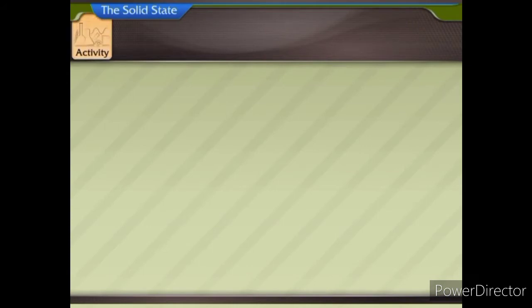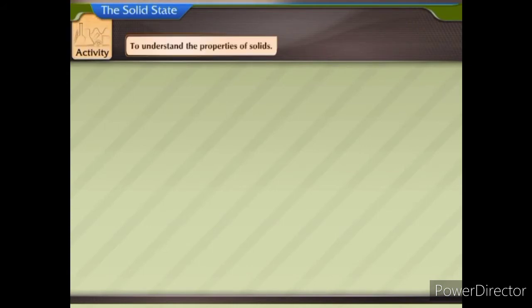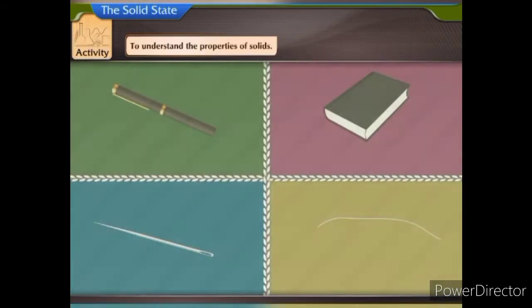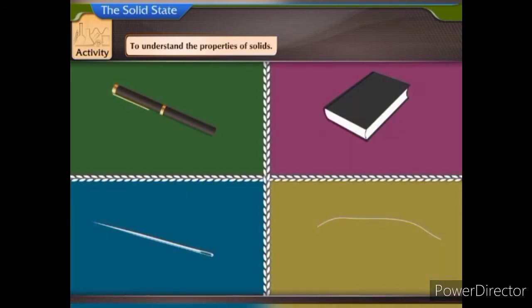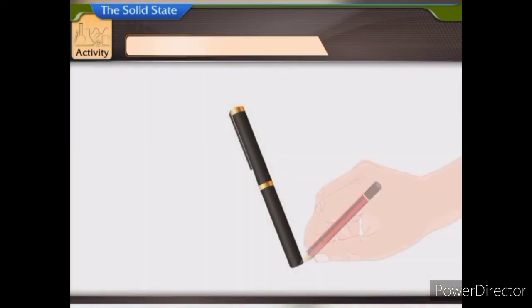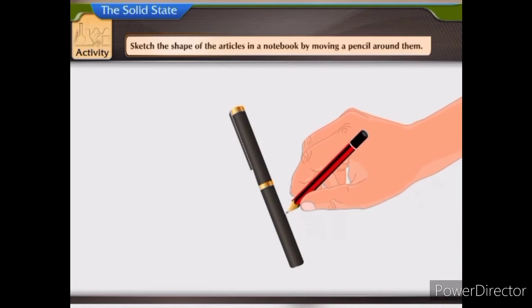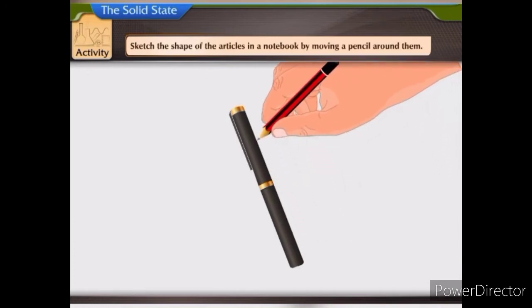Let us perform an activity to understand the properties of solids. Collect the following articles and perform the given actions on them: a pen, a book, a needle, a piece of thread, etc. First, sketch the shape of these articles in a notebook by moving a pencil around them.